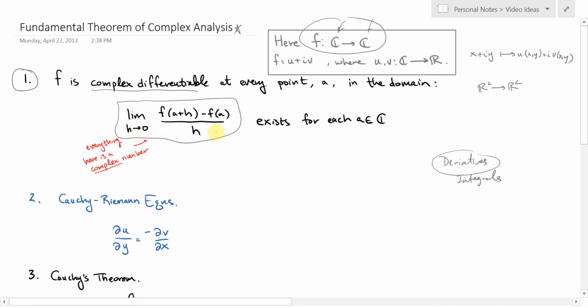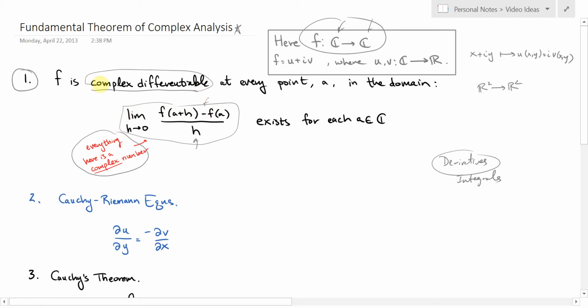Except, now what happens if we interpret a and h and the function f not to be real numbers, but rather to be complex numbers? You can still divide by non-zero complex numbers, you can still subtract, etc. It all makes sense. So you can just define this in the case of complex numbers, and this gives us a notion of complex differentiability.